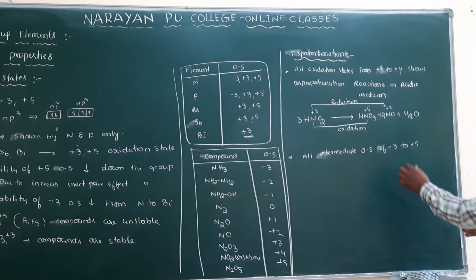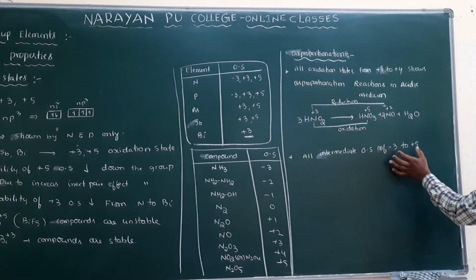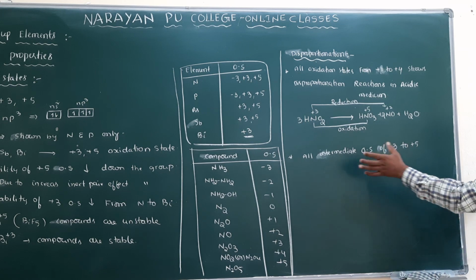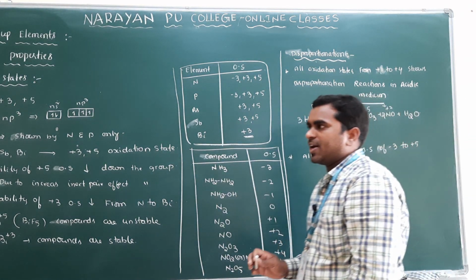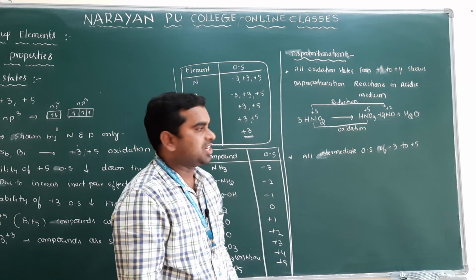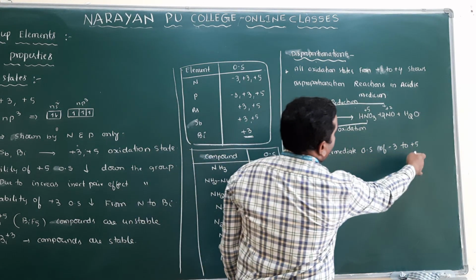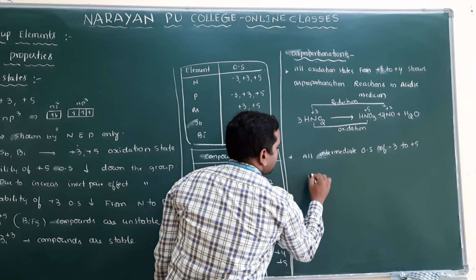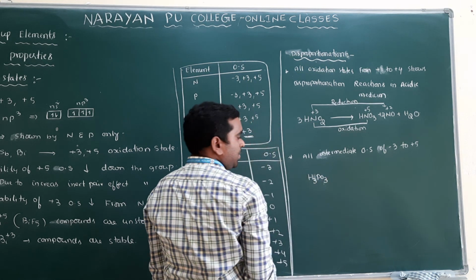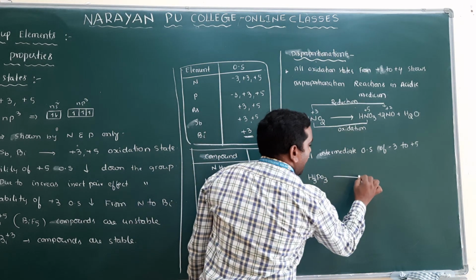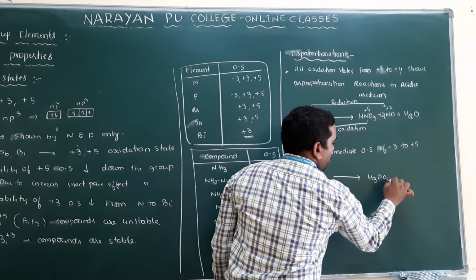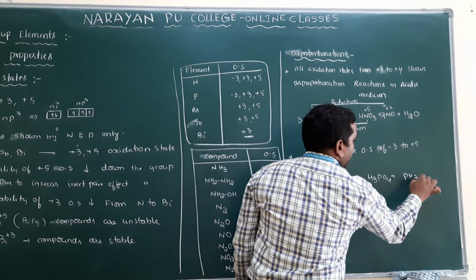If any compound of phosphorus has an oxidation state between -3 and +5, there is a chance it will show the disproportionation reaction. Suppose I take H3PO3, phosphorus acid. It is involved in the disproportionation reaction and gives phosphoric acid, and you will get phosphine.